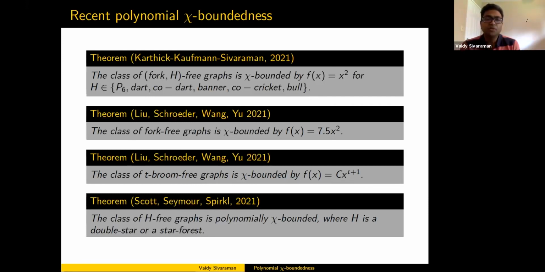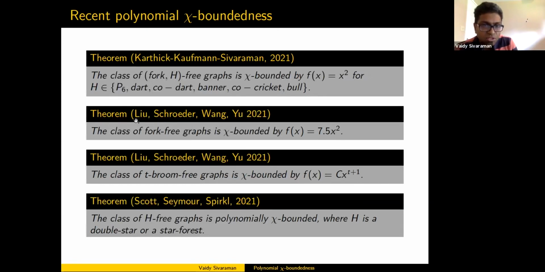And I conjectured that the class of fork-free graphs is perfectly divisible. That conjecture is still open. It's a nice conjecture, I think.